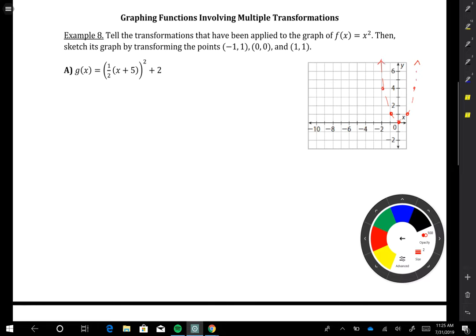Let's look at our function and see what we are doing to this graph. The first thing we're doing is we have this 1/2 in here, which is our b value. b equals 1/2. So we always flip the b, so that's going to be 2. And since it's 2, we have a horizontal stretch by 2.